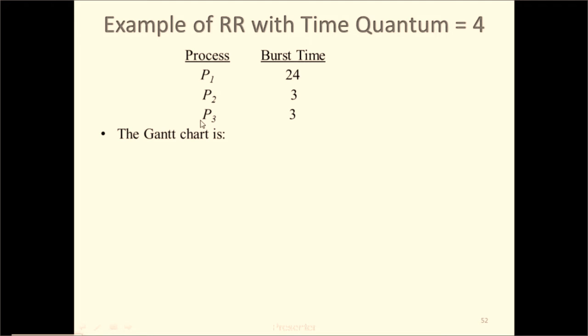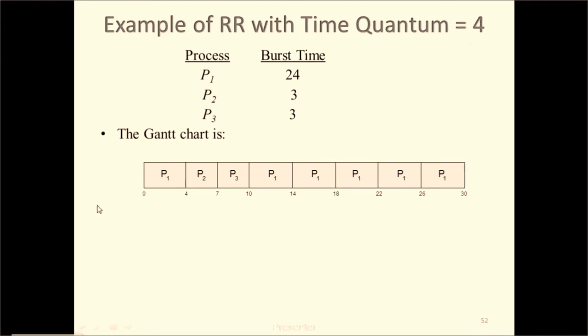Got it? Okay. Now what the algorithm does is, it picks up the process which is pointed to by head. Right now head is pointing to P1 and the CPU gets allocated to P1. But now for how much time? For 4 units of time. The situation is then reviewed after every 4 units of time. Let's see the Gantt chart.